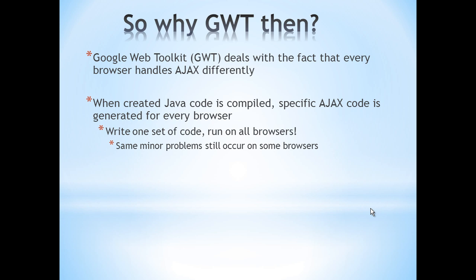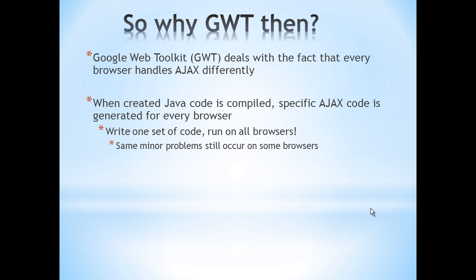Even though, having said that, it is in my experience with Google Web Toolkit, which has been a few years by now, that some minor problems still occur on some browsers, and these minor problems are mostly related to the fact that certain controls may display differently, the layout might be a little bit off, and it's really very minor problems.